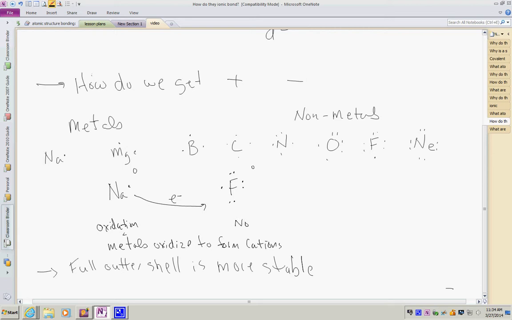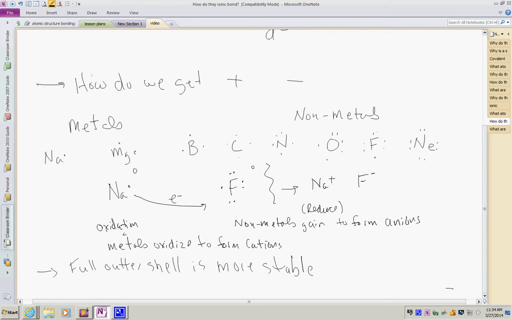Okay, so nonmetals gain, or reduce, to form anions. So in the end, this whole process will form Na plus and F negative.